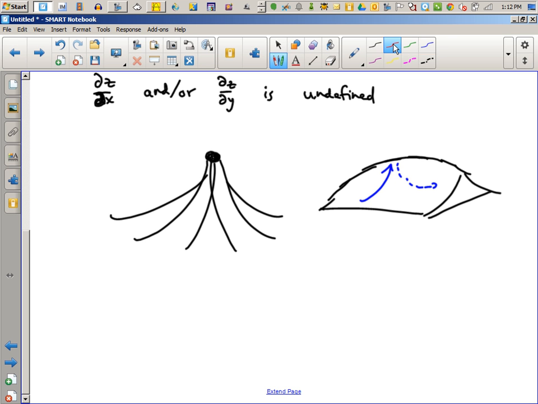So the reason I'm drawing this is because I want you to see something. On this first picture, whether you're traveling a red path, which is in the x direction, or a blue path, which is in the y direction, either way, the slope doesn't exist at that peak, okay? So this would be a case where both dz dx and dz dy are undefined. In this picture, if you're traveling in the direction of the blue, you find a cusp here.